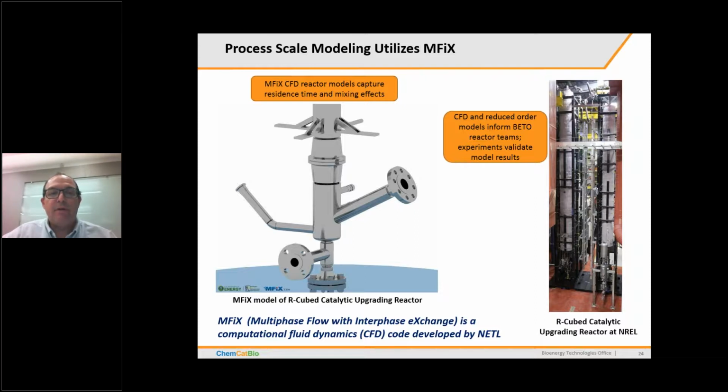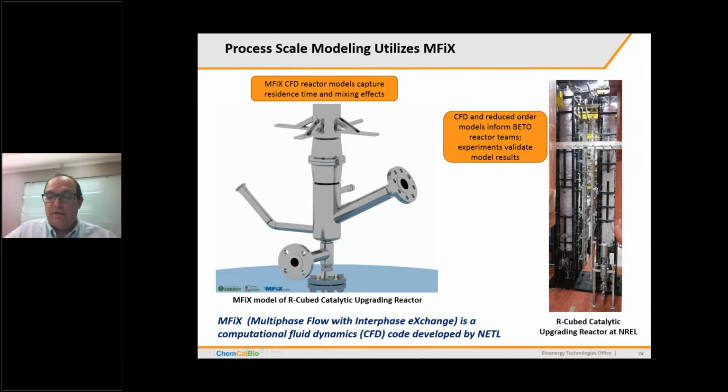And we have reactors in the National Lab system as well. And we're modeling those reactors to support the scale-up of catalysts from the innovations that occur in ChemCatBio all the way to demonstrating them in process scale. So a lot of the process scale modeling is done with computational flow dynamics, so multi-phase flow.